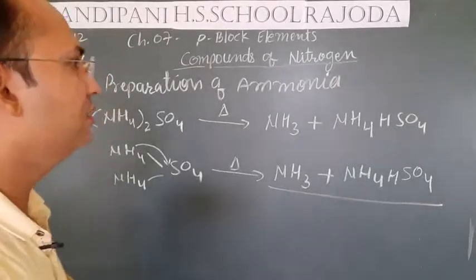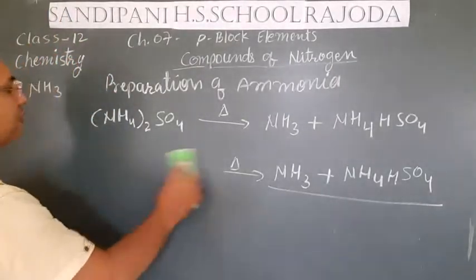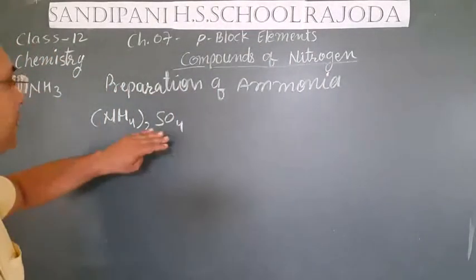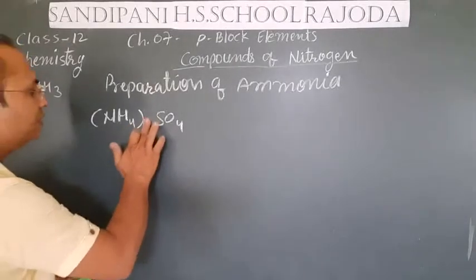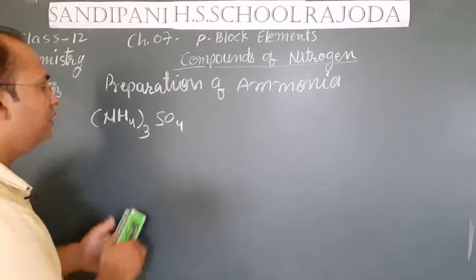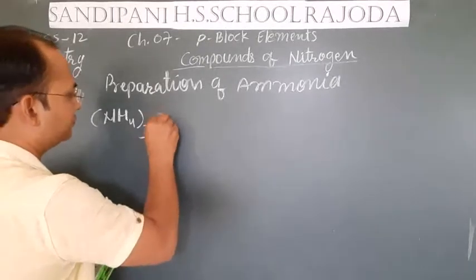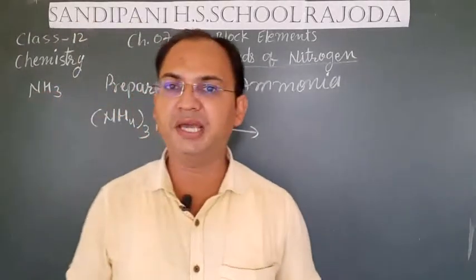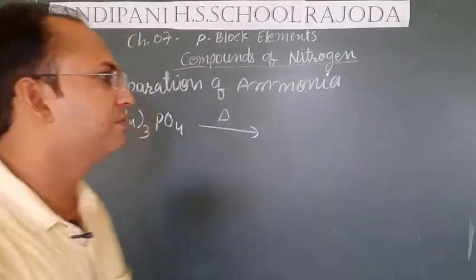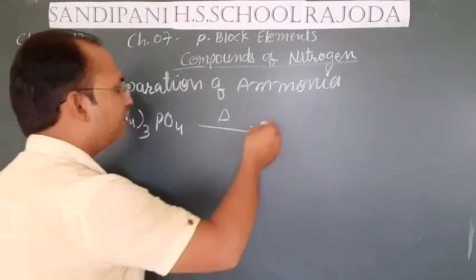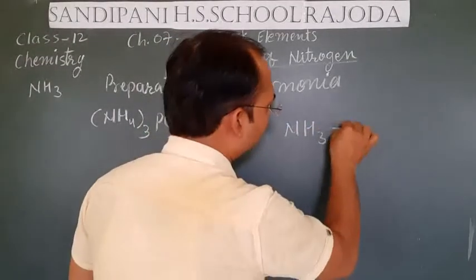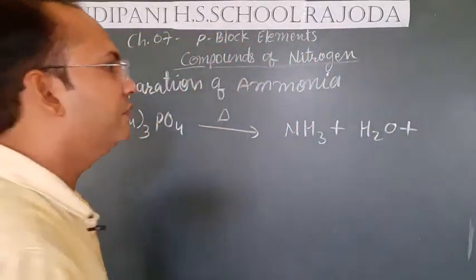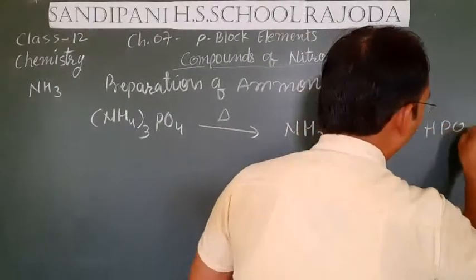Let's see another example, how the ammonia can be prepared with the ammonium phosphate. The chemical formula of ammonium phosphate is nearly the same. Here this ammonium will be 3 and here will be PO4. In this reaction also, students, we have to heat the ammonium phosphate, and in this reaction we will get NH3 ammonia, water along with HPO3.